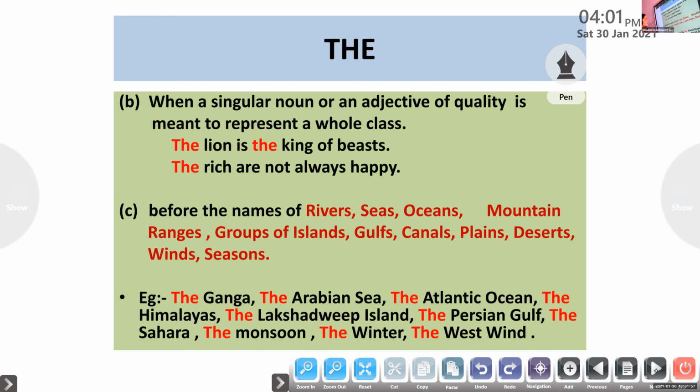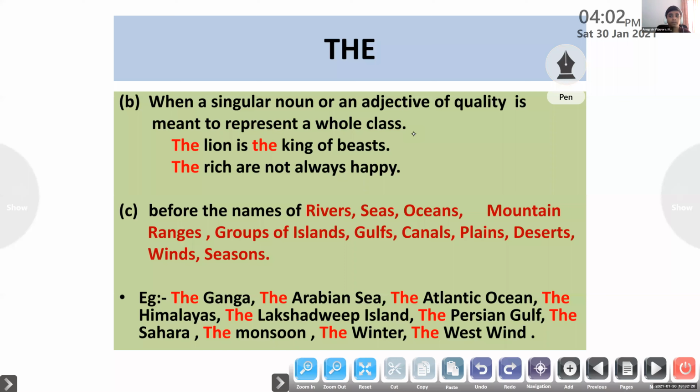Now look at point number B, where to use "the". The lion is the king of beasts. The rich are not always happy. Look at the examples written here, children. When a singular noun or an adjective of quality is meant to represent a whole class, we use "the". The rich are not always happy. Am I talking about one rich person?